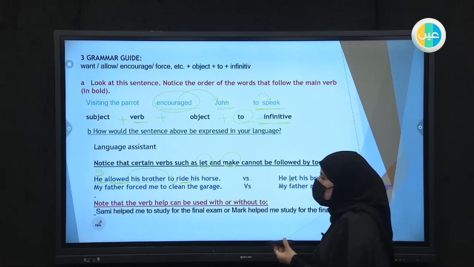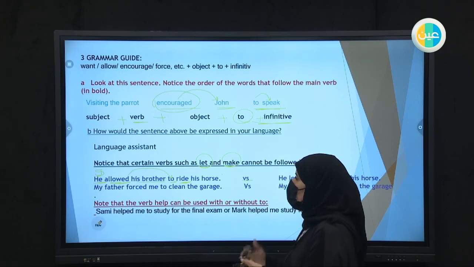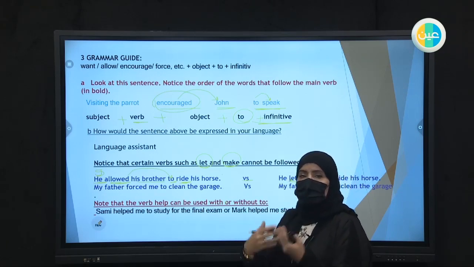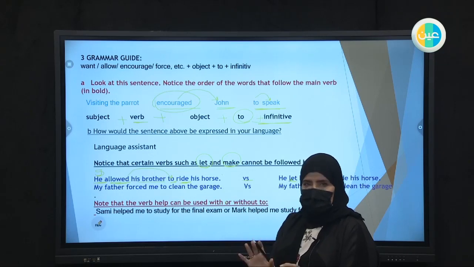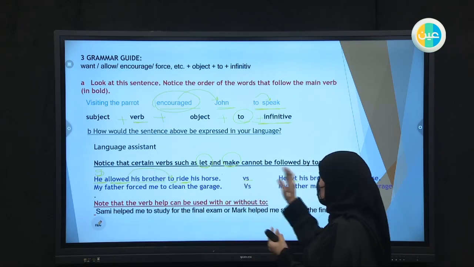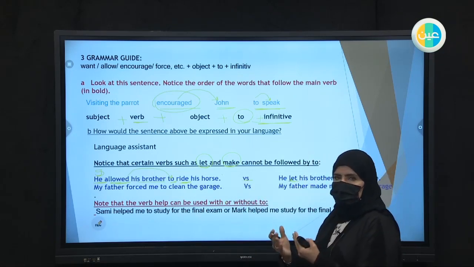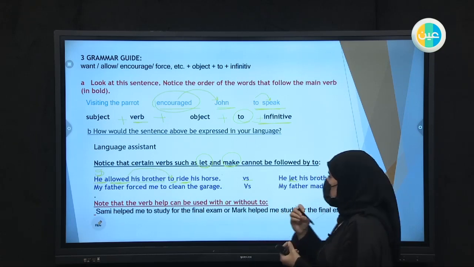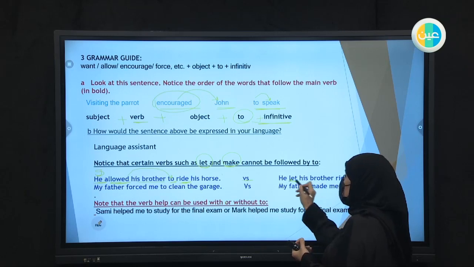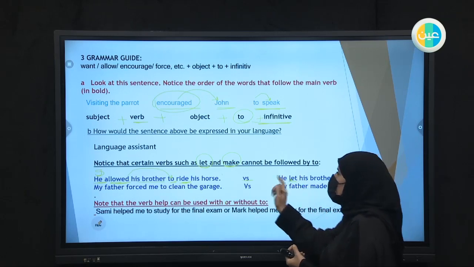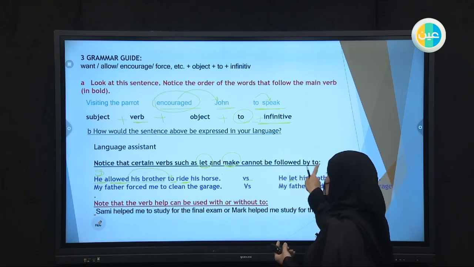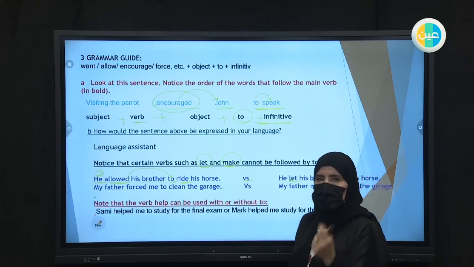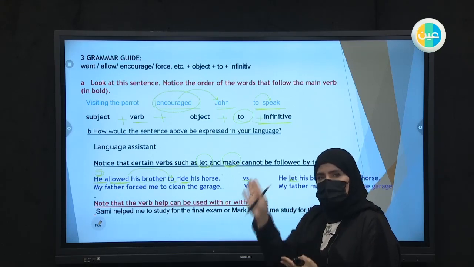When we translate this sentence into Arabic, he allowed his brother to ride his horse, هو سمح لأخيه بامتطاء الحصان. نقدر نعمل نفس الجملة لكن مع فعل آخر، ولازم نكون شوية دقيقين لأن let no need to be followed with to. لا تنسوا let and make من الأفعال اللي ما تحتاج to.